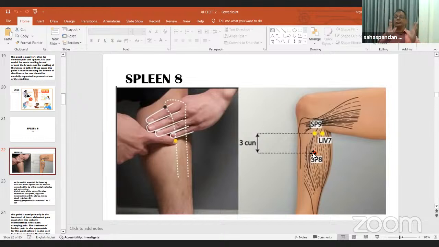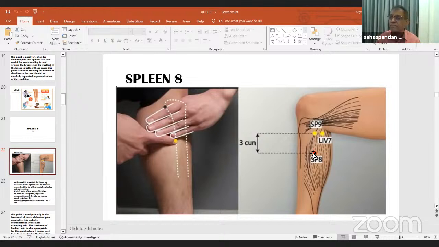This point is used primarily in the treatment of lower abdomen pain. If there is lower abdomen pain, this point is almost always included, for example dysmenorrhea.